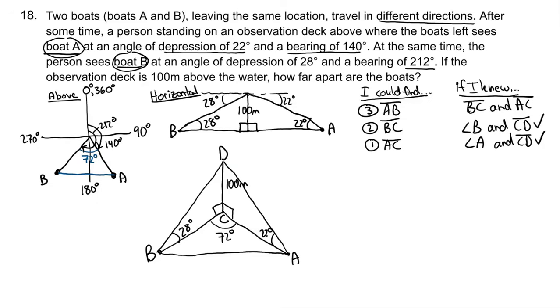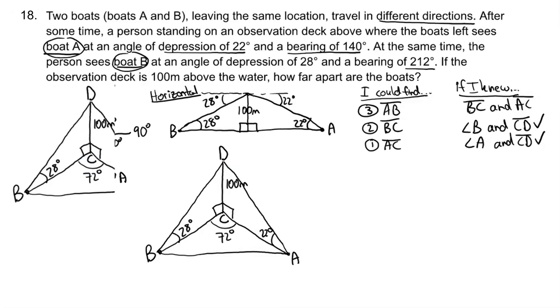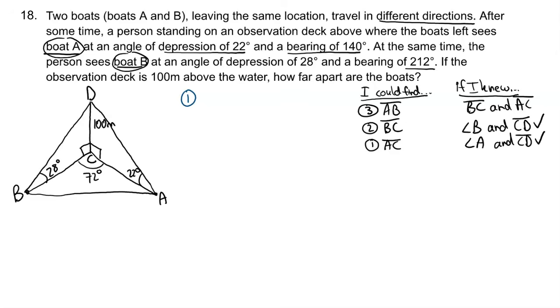But let me just move the diagram over to give us a little bit more space. So step one, if we're trying to find the length AC, we say tan of 22 is equal to the opposite side, CD, divided by the length AC that I'm trying to determine. So tan of 22 is equal to 100 divided by AC.